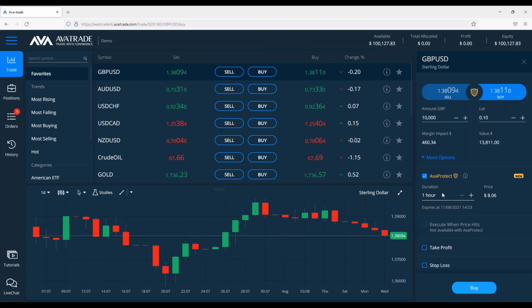So, the tip I would like to give you today is to combine all the tools that we give, because we design them for you to succeed. Ava Protect the positions. Ava Social, an amazing tool.